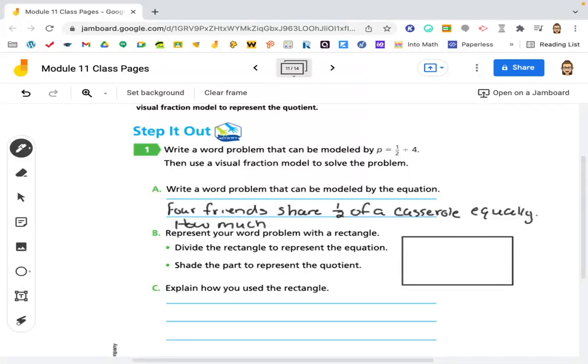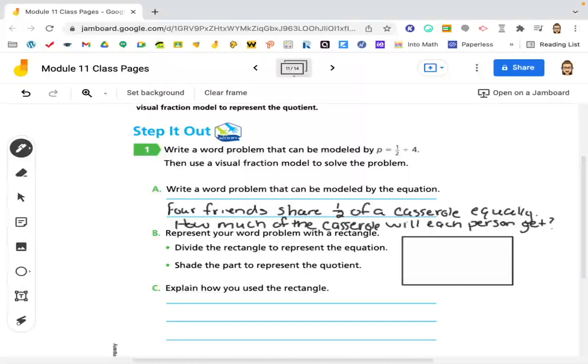How much of the casserole will each person get?